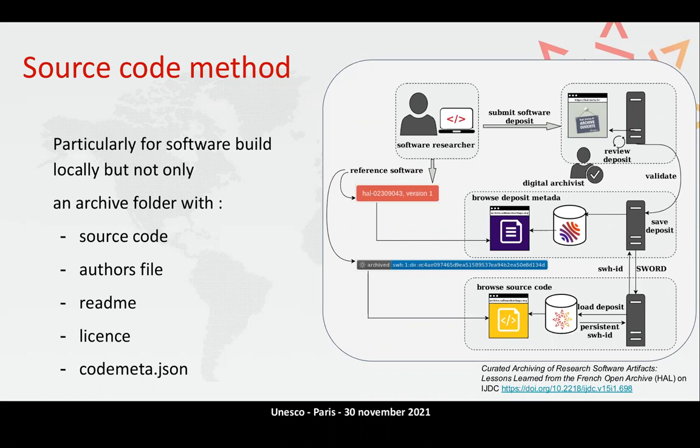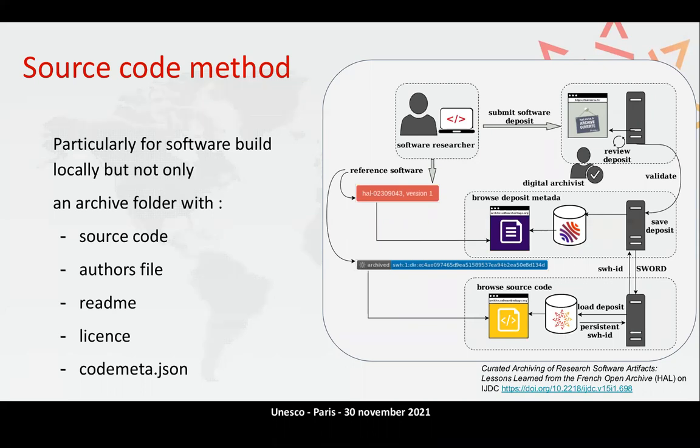Then we are not sure of the word, curators or librarians, look at your submission, check all the metadata, and also check the folder to be sure to have files like, of course, authors, README, licenses, and this context.json, because we have to be sure that what you describe is what your code is, and to have the good accreditation for all authors.